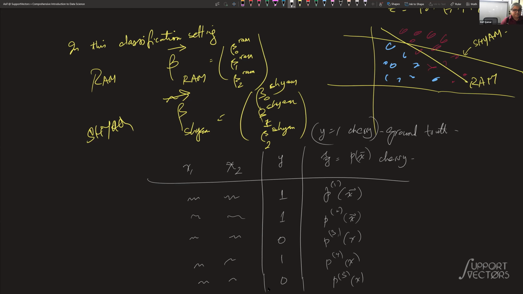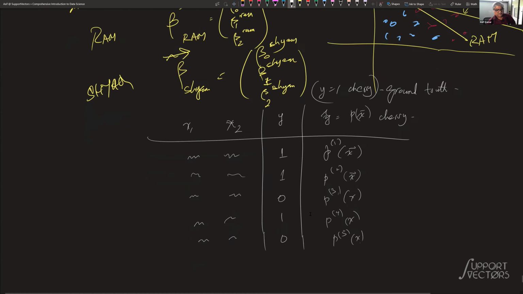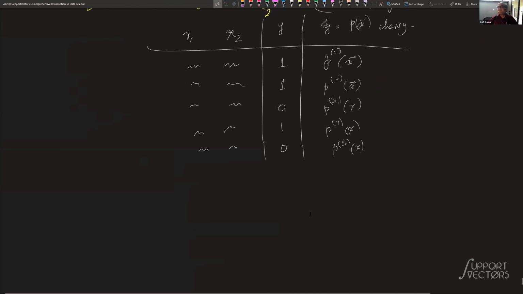So now let's reason through and see how we will create a likelihood. What is the likelihood of Ram's hypothesis versus Shyam's hypothesis or any other hypothesis? See, the hypothesis has the parameters built in, right? So now I'll change the notation to be a little bit more exact.